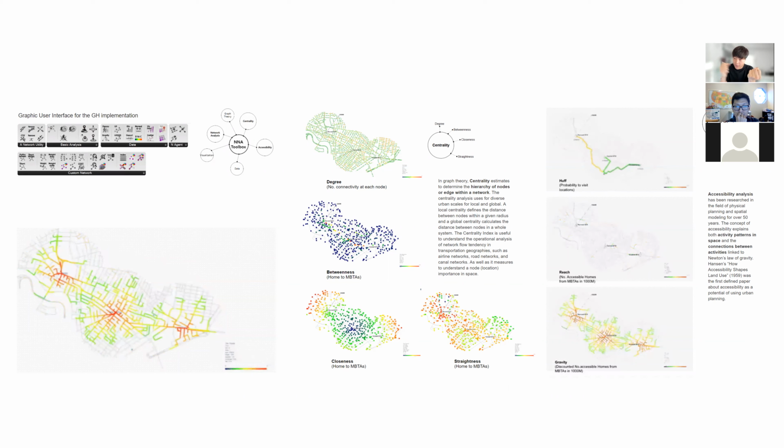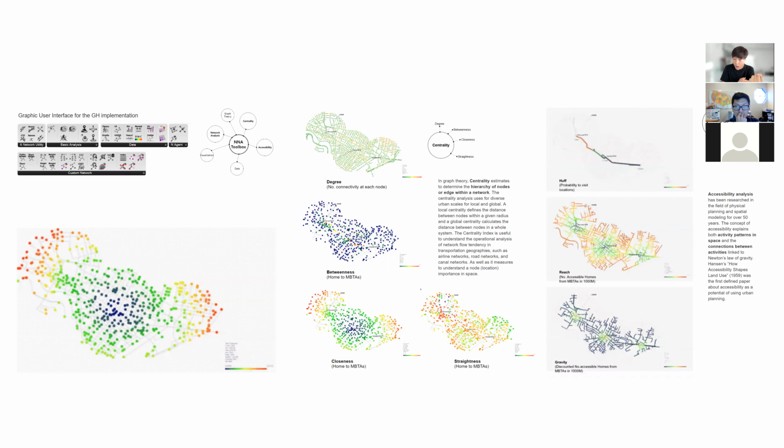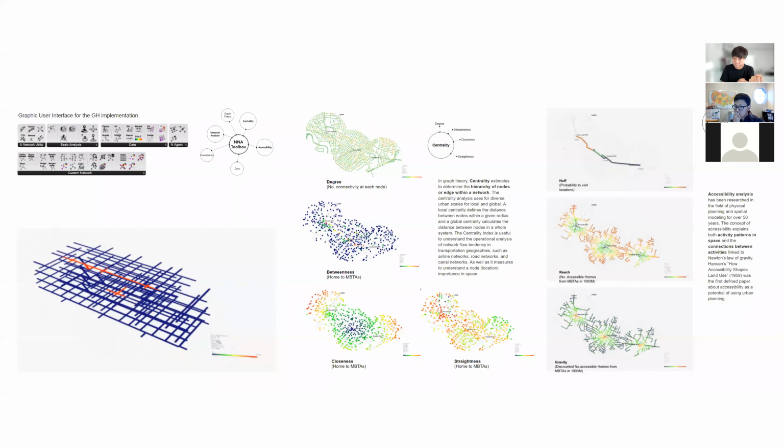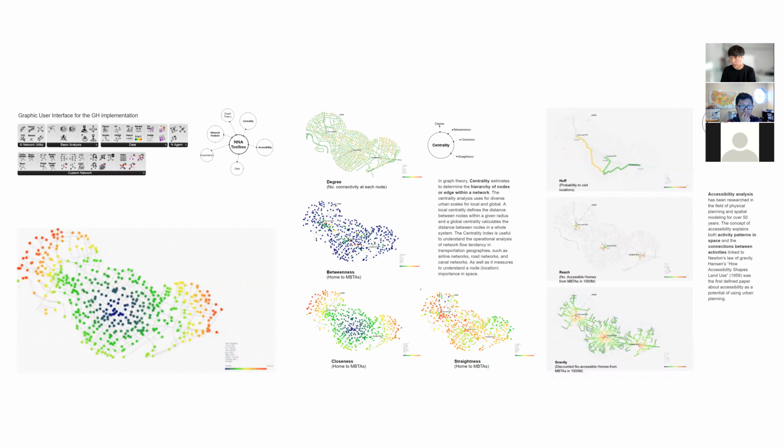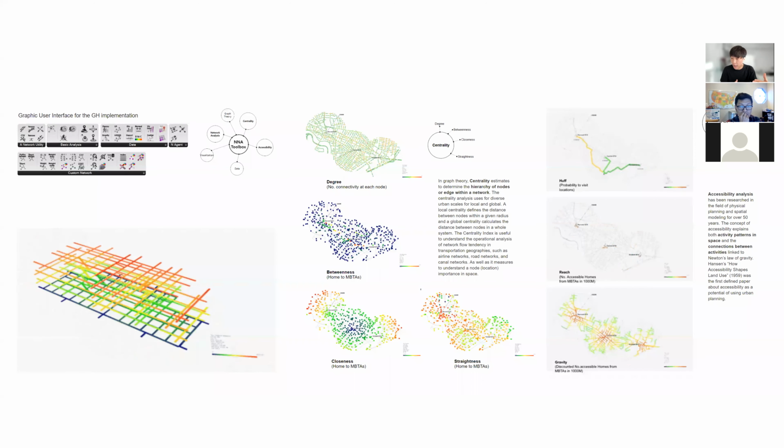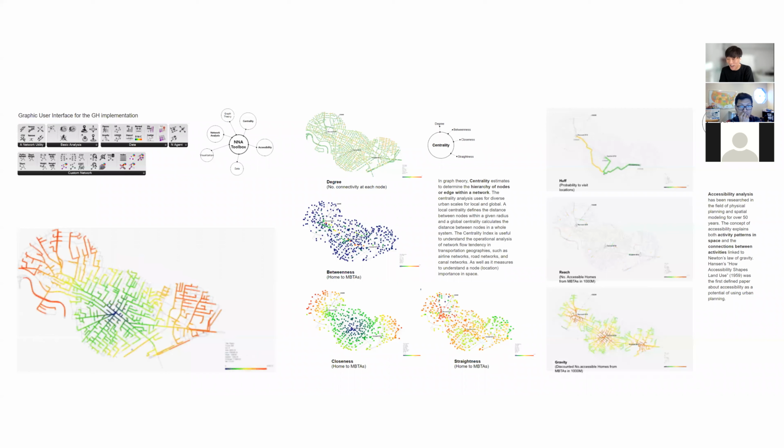There are some mathematical equations behind the scenes. Each analysis has its subcategories, analyzing and giving us feedback. Based on this feedback, we can evaluate the network and how we improve or degrade it.